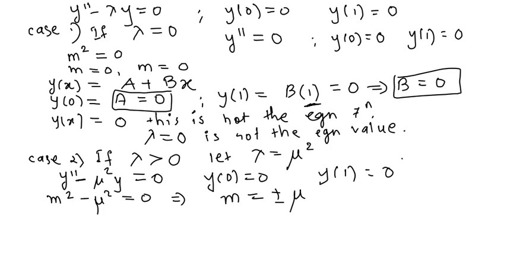So how will the solution y of x be given? The solution y of x will be of the form some constant a into e raised to mu x plus some constant b e raised to minus mu x.